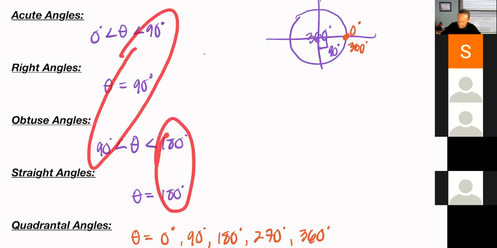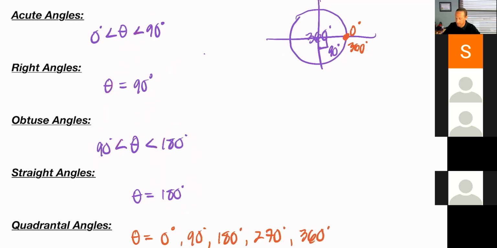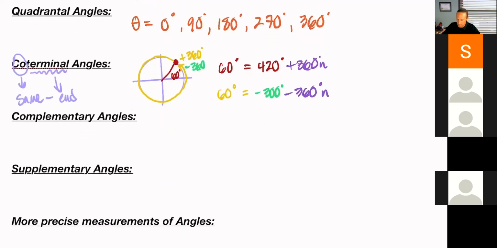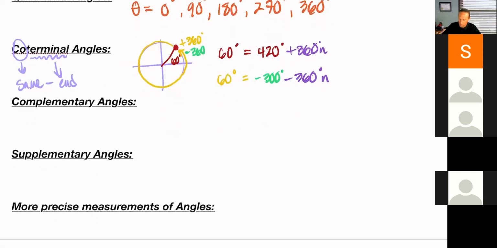Add up to 90. Or 180. Yeah, so those are the key components. So when we're talking about angles, more than one angle, we're going to talk about what the sum would equal 90 and when the sum would equal 180.